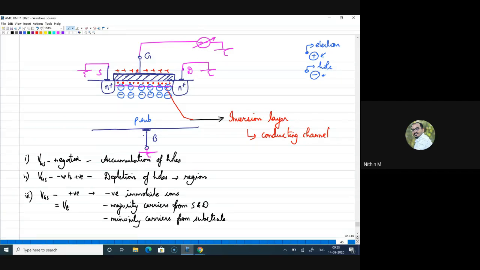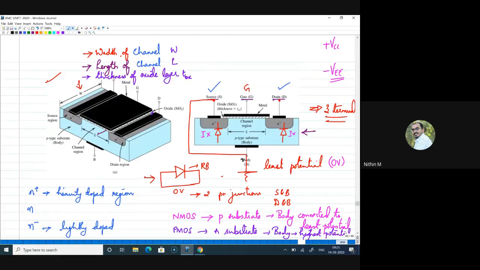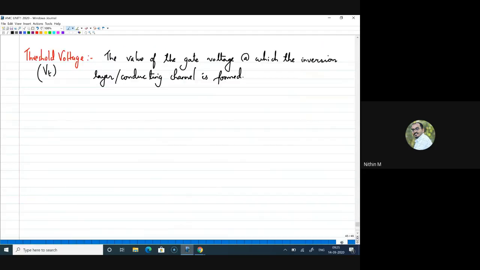Now if I look at the channel, what kind of channel is this? Between this n plus source and this n plus drain, a channel is formed, and that channel has electrons as the majority carriers, and so we call this channel an n channel. So the channel formed here is an n channel.